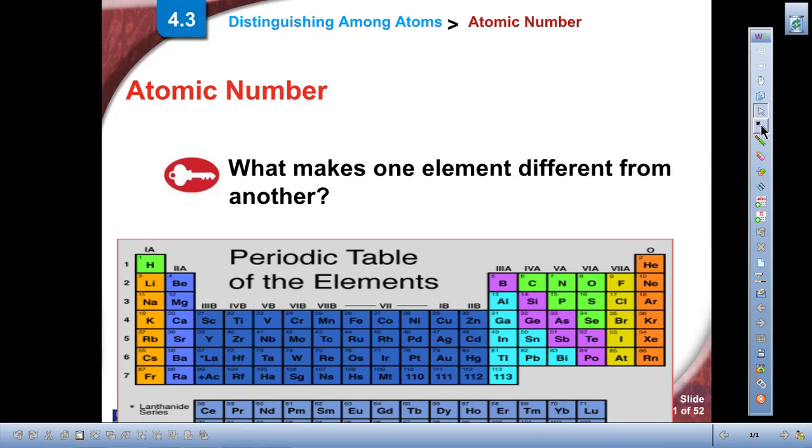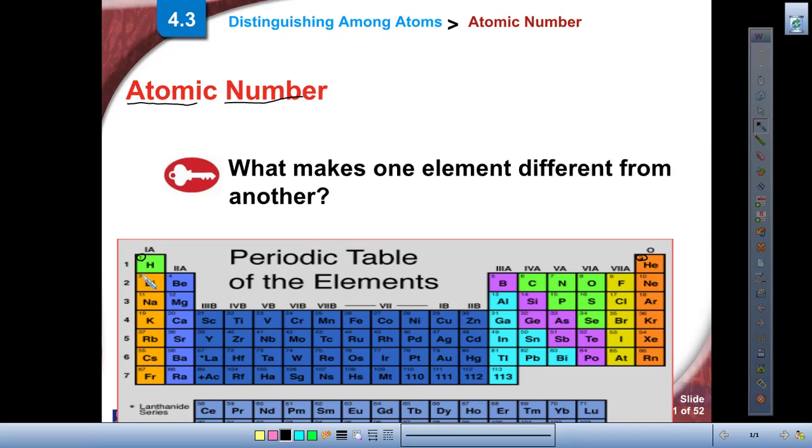And one of the things to note about the periodic table is how it's arranged. This number up here is called the atomic number. And you see, as I go across the periodic table, we're increasing the atomic number by 1.